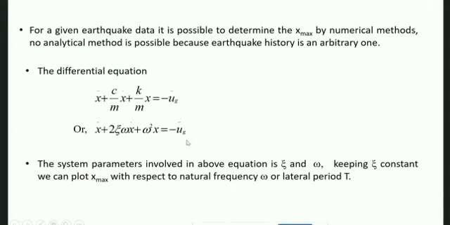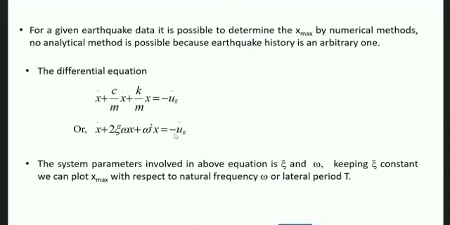Therefore, the resultant vibration will have a negotiating effect between these system parameters and the external disturbance. So it will depend on both. The system parameters will participate in the form of zeta and omega, and the external force will participate in the form of the ground acceleration.